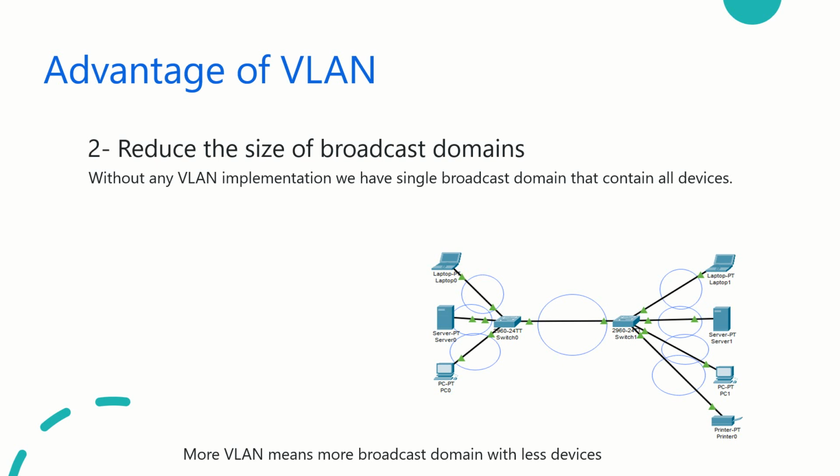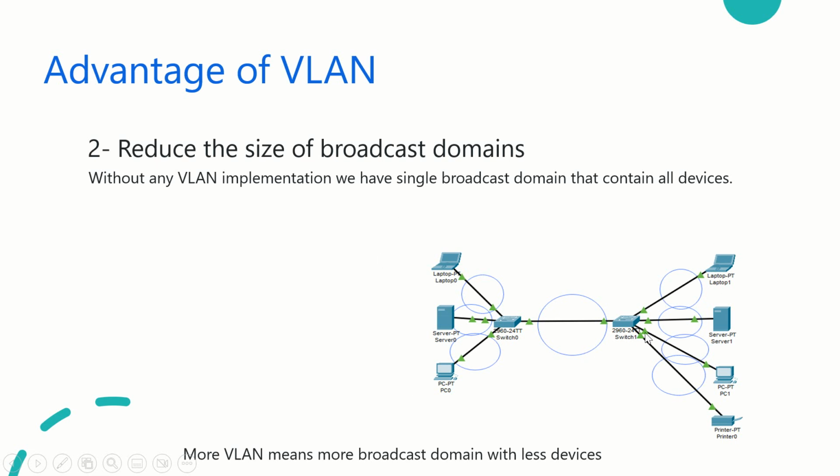We can create 2 VLANs or 3 VLANs or 4 VLANs and assign devices to each VLAN. Now we have 2 broadcast domains with 50 devices in each. Therefore, more VLANs means broadcast domains with fewer devices, and it's very effective.